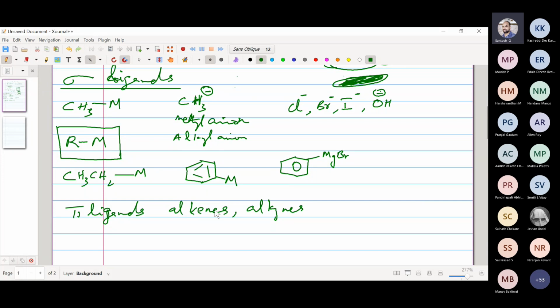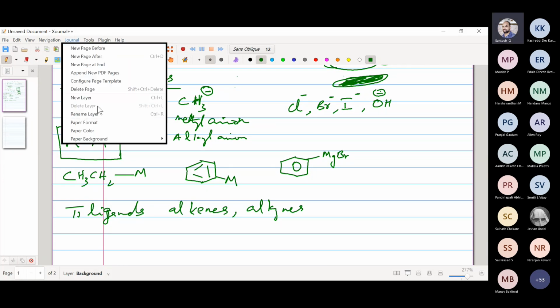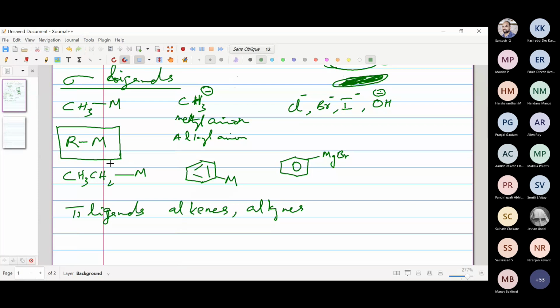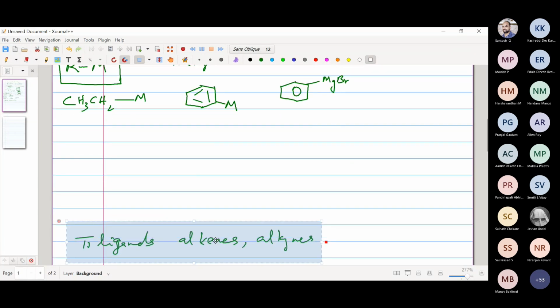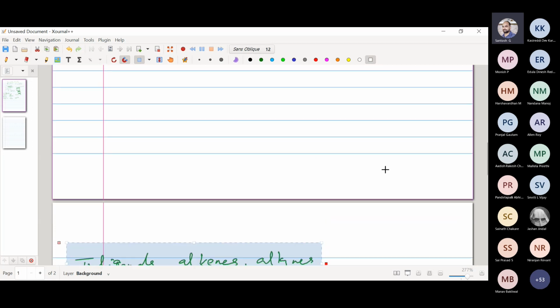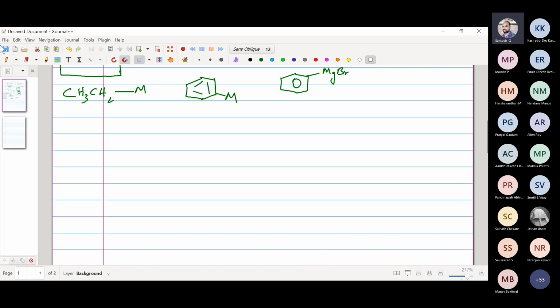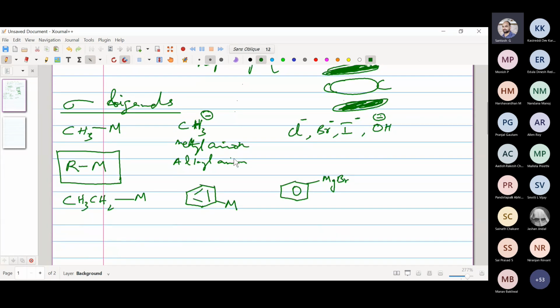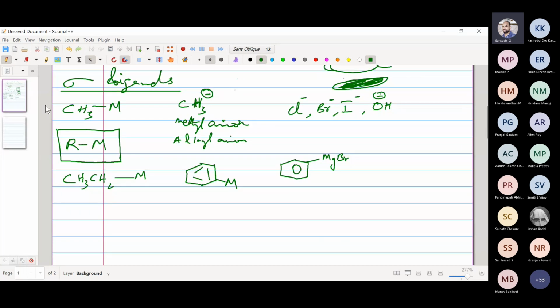What I will do is move it to the next page, because I need to give you some more examples of sigma bonded complexes.